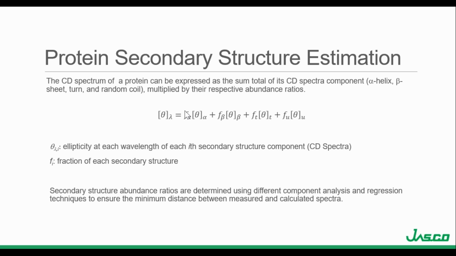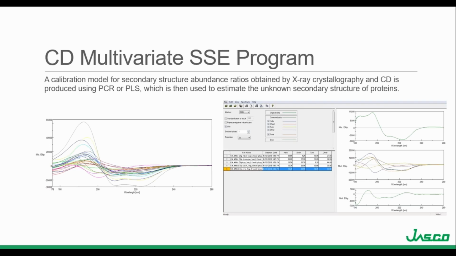So the secondary structure abundance ratios, or the fraction of the secondary structure, are determined using different component analysis and regression techniques to ensure the minimum distance between measured and calculated spectra. First, the calibration model has to be created to compare the measured spectra to. X-ray crystallography data provides the known secondary structure percentages for a given protein sample.